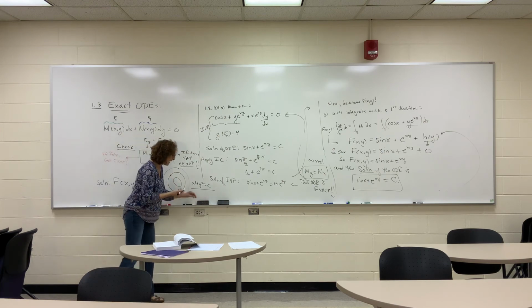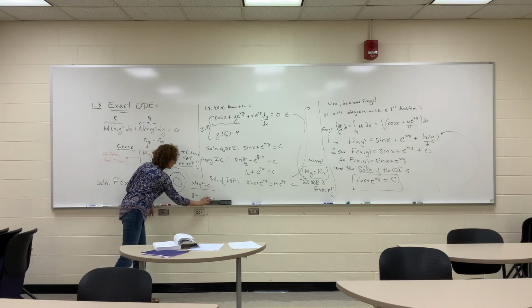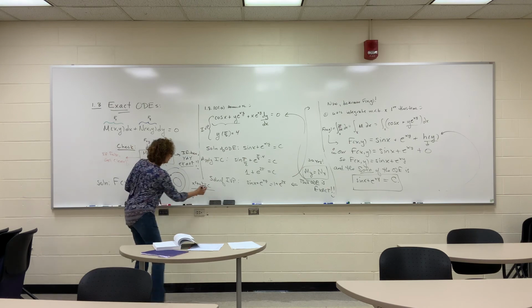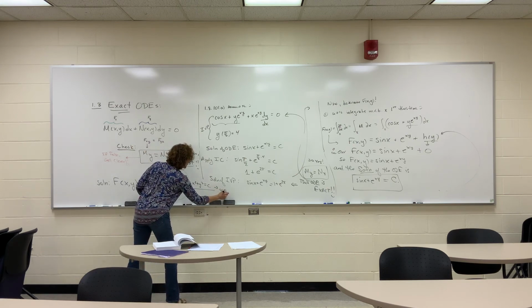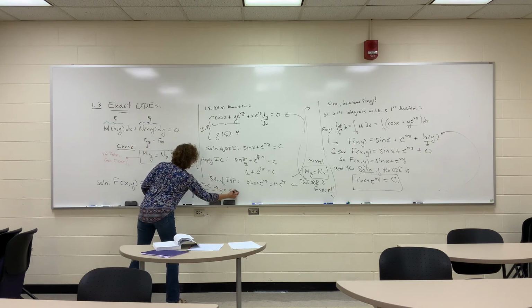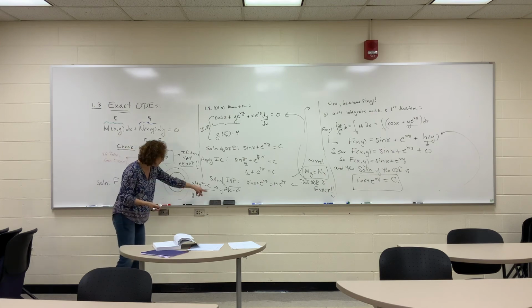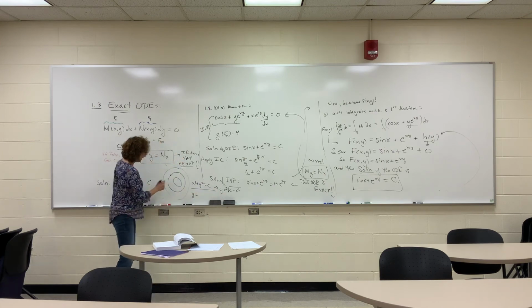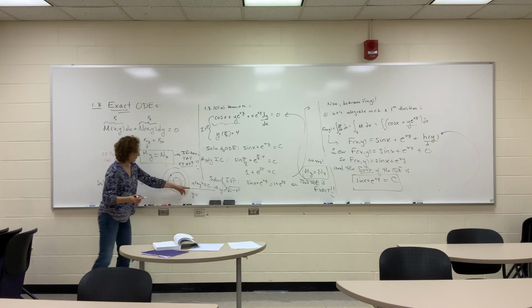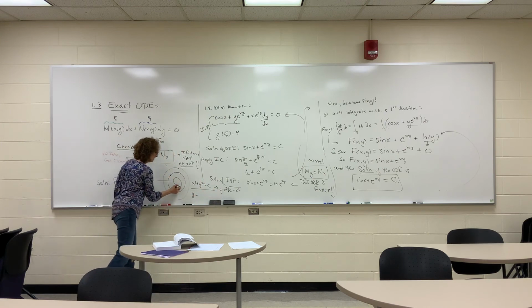But if you're asked for a y equals form, an explicit form, then if we solve this for y, you've got the square root of c minus x squared, plus or minus. If we want the explicit form, we've got to pick either the top half of the circle, that's the plus piece, or the bottom half, that's the minus piece, depending on where the initial condition is.